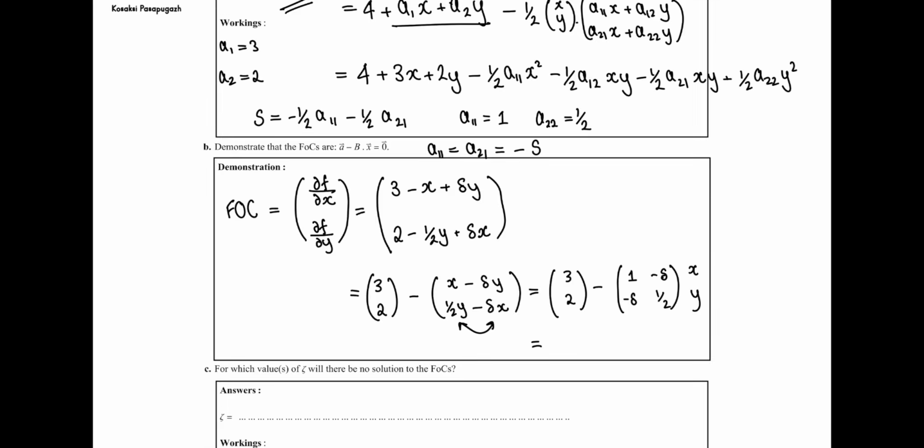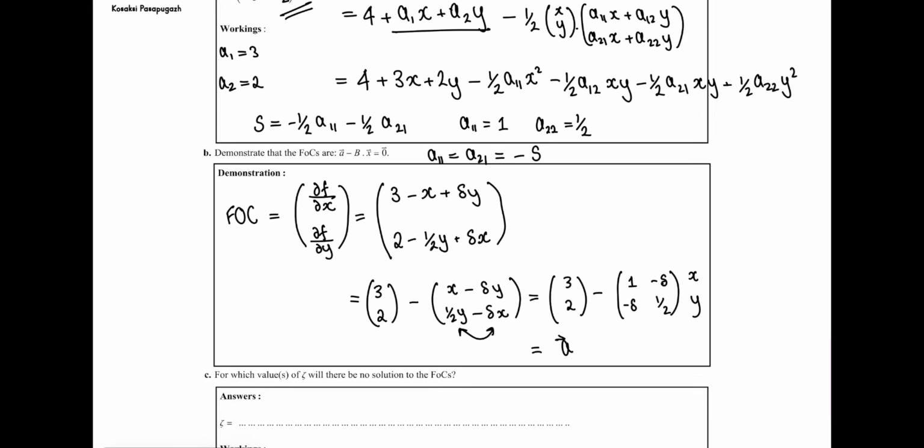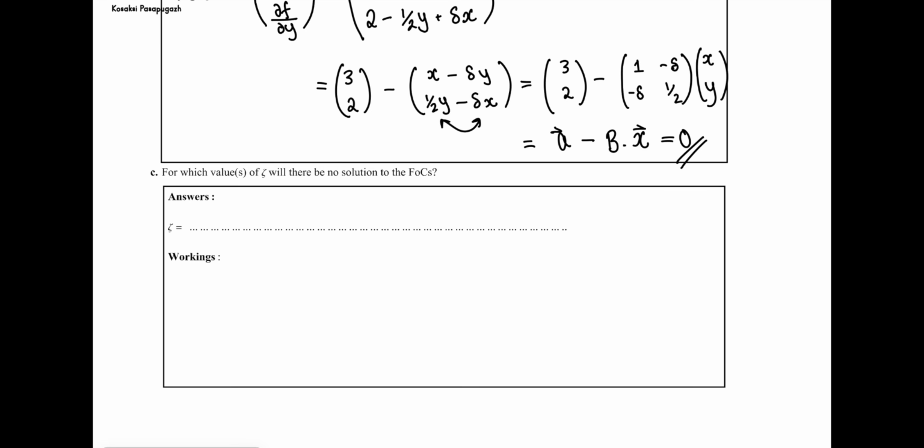So that is the vector A minus the matrix B dotted with the vector x. And our first order condition is equal to 0. So that's that demonstrated.